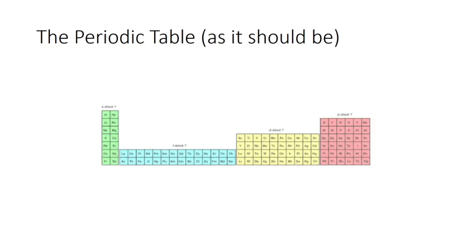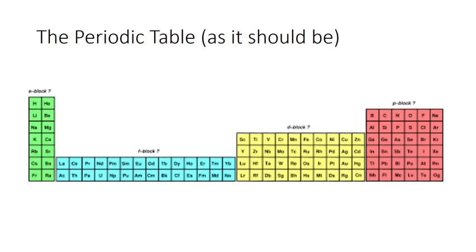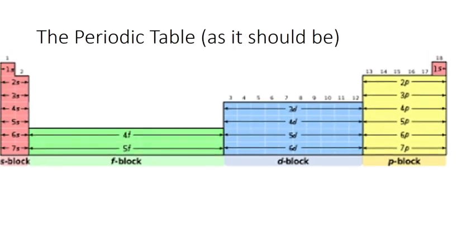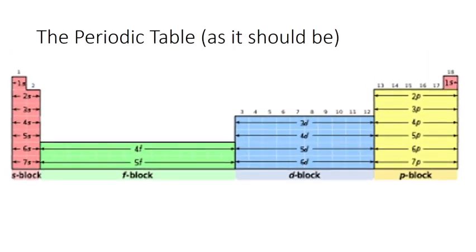Most of the time you'll see it looking like this. However, it really should look like this, broken down by blocks, with the F block in between the S and the D block instead of way down at the bottom. And helium really should be over in the S block. If we break it down even further, we can look at the way in which the electrons fill up.